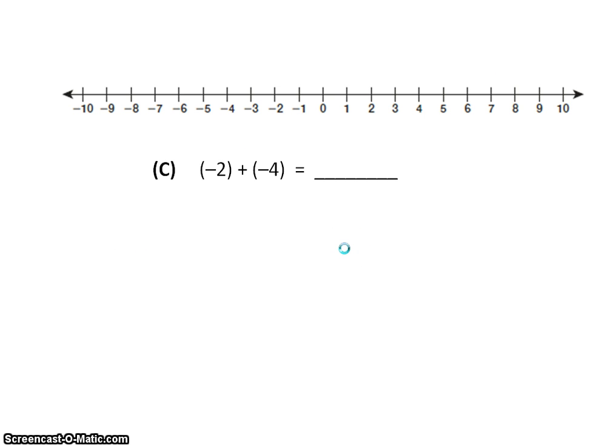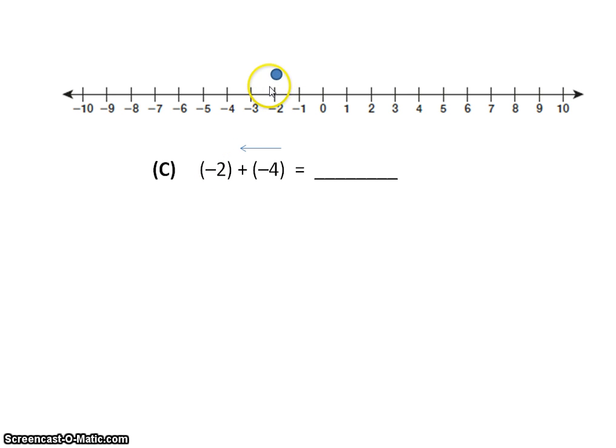The last example, example C, negative 2 plus negative 4. We're going to find negative 2 on a number line. That's our starting point. I'm going to add a negative 4. When I add a negative on a number line, I'm going to go to the left, and in this case 4 units or 4 spaces, starting at the negative 2.